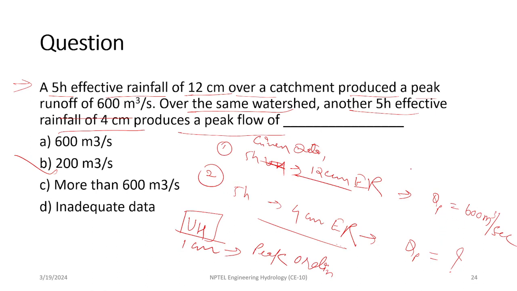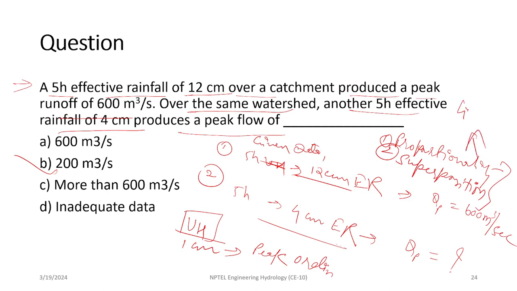Proportionality we already studied in the linear response. There are two things we already focused on. The first one was proportionality, and the second one was superposition. Both of these come in the linear response assumption. So you are right that if you take direct proportion, we can also get this value.